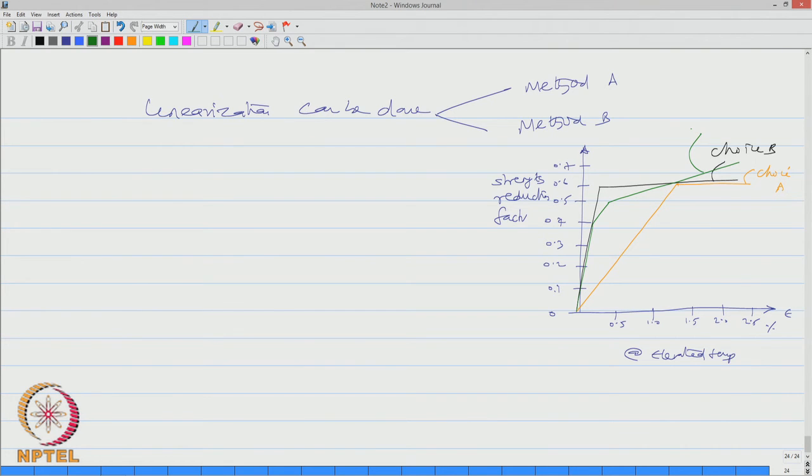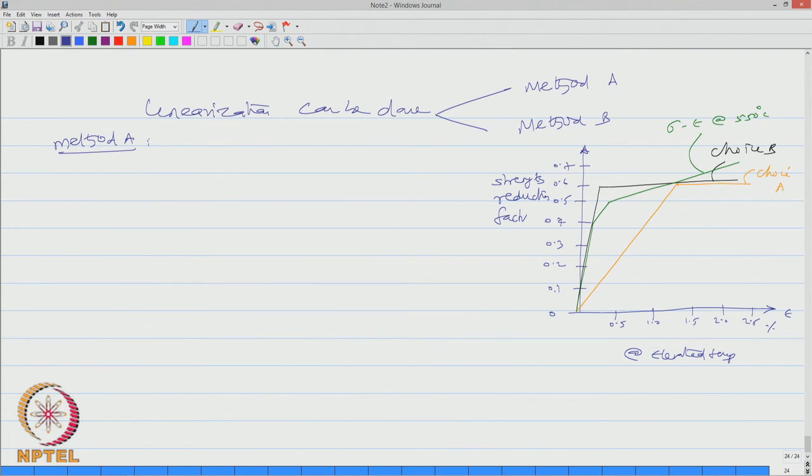This is the stress strain relationship at 550 degree Celsius.